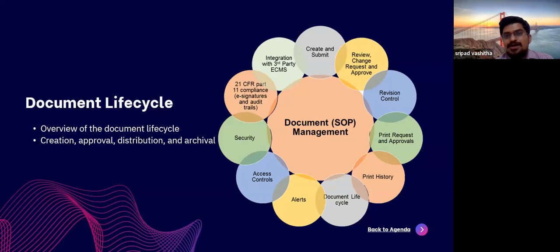Integration of third-party documentation systems is what in general would be captured, and this is what I would term as the document lifecycle, which also spoke more on how a document should be handled and partly on the lifecycle as well.